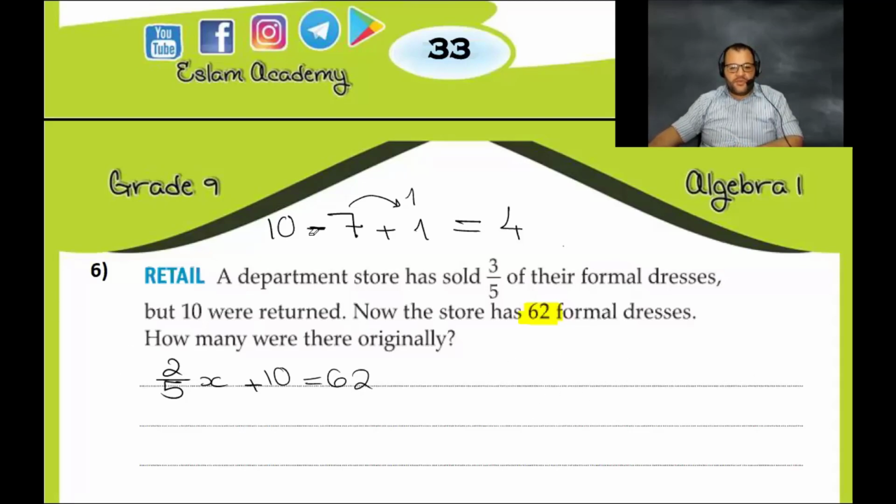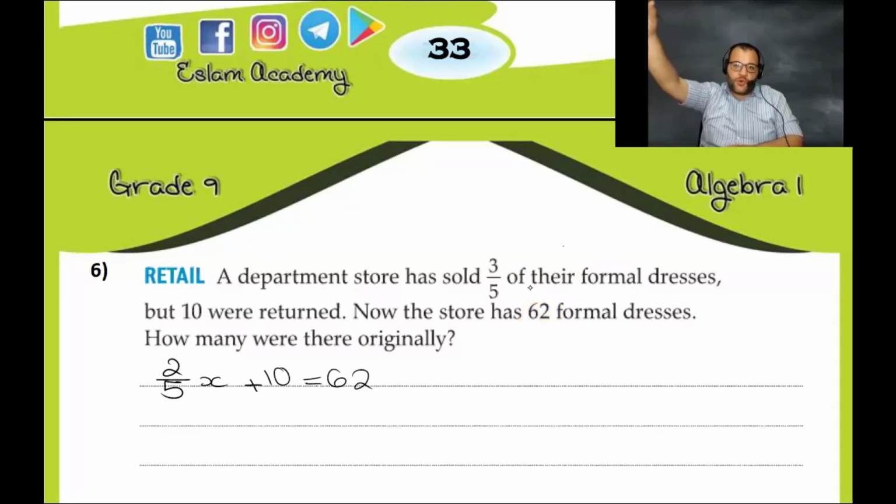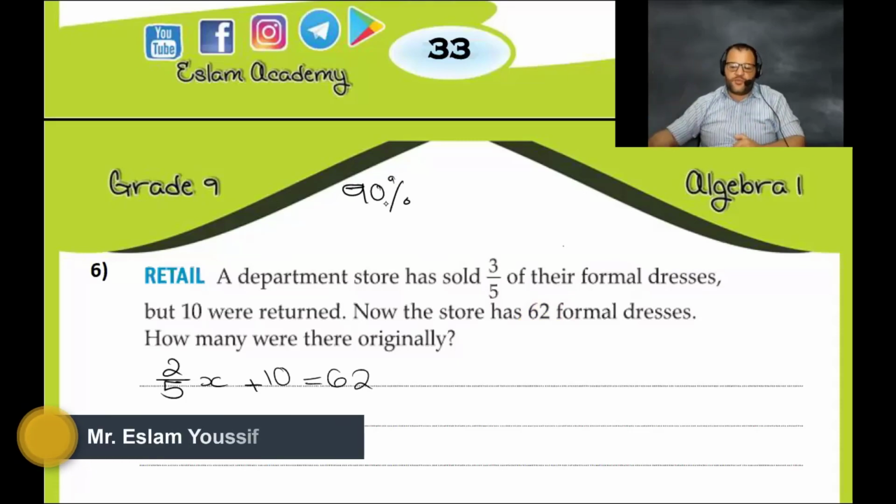In this type of problem, you need to read the question carefully. Are you talking about the sold parts or the remaining parts? For example, if 90% of the students in the class got A plus, what is the percent of the others who didn't get A plus? 10%.